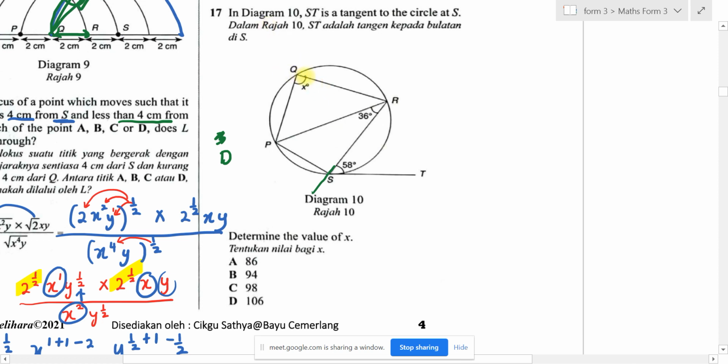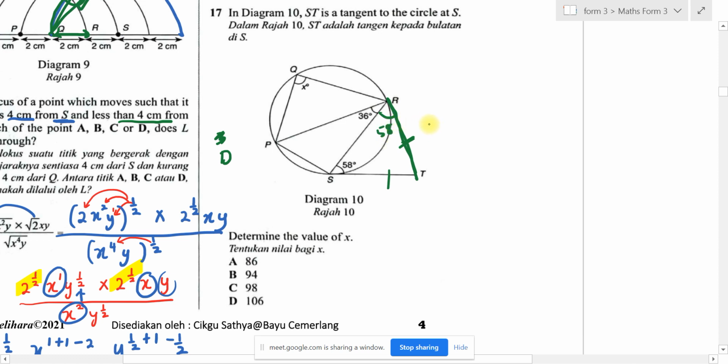Okay, maybe I need to try to create another triangle. Normally we will create something like this, right? Will it be helpful here? Let me see. Here is 58, so the tangent lines should be equal, remember, so here will be 58.